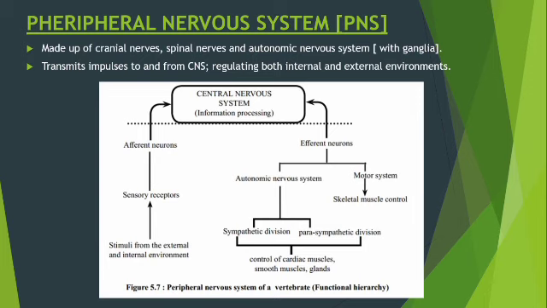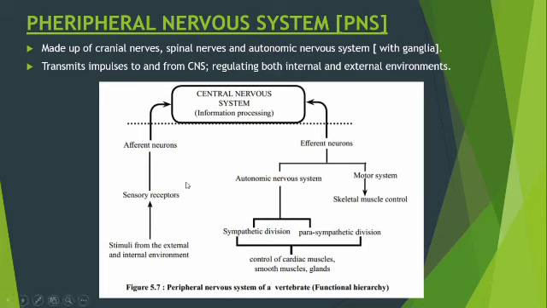So this figure shows the functional hierarchy of the peripheral nervous system of a vertebrate. According to that, the sensory information from sensory receptors reaches the central nervous system along the peripheral nervous system neurons, referred to as afferent neurons or sensory neurons.